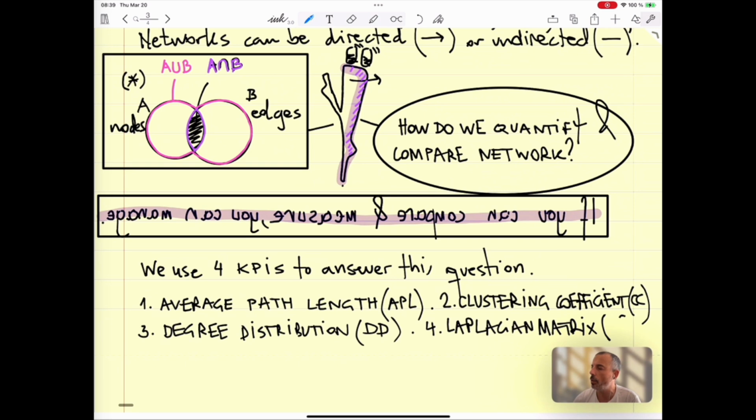We use a special L there. Okay? So we are going to define these 4 KPIs. We're going to learn how to measure them. Okay?